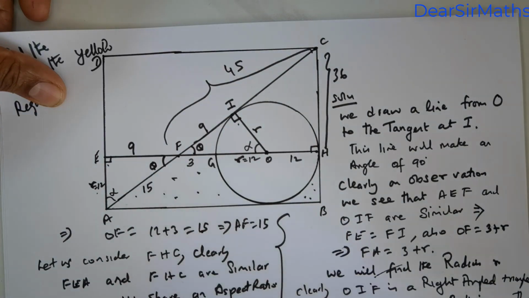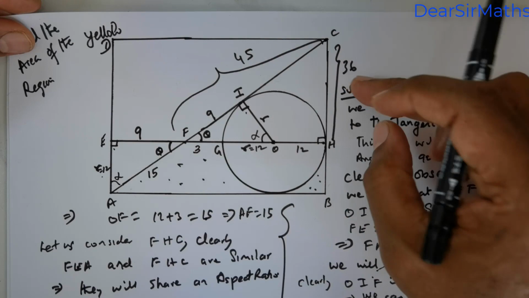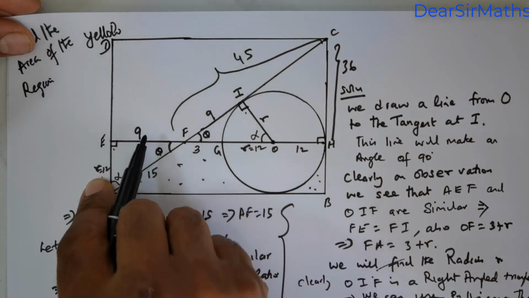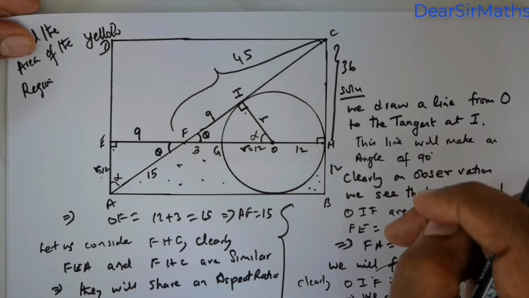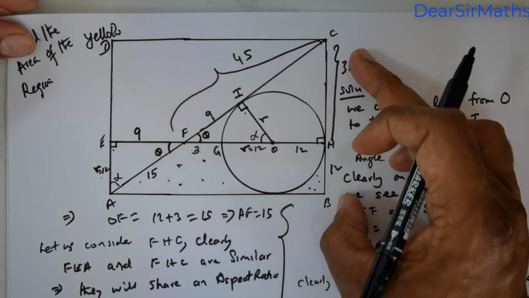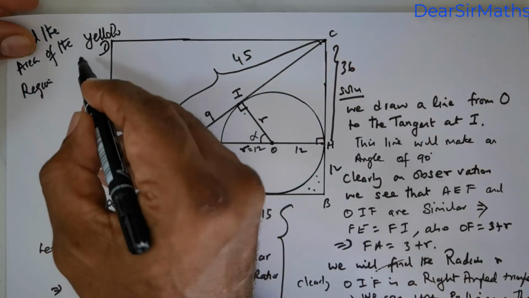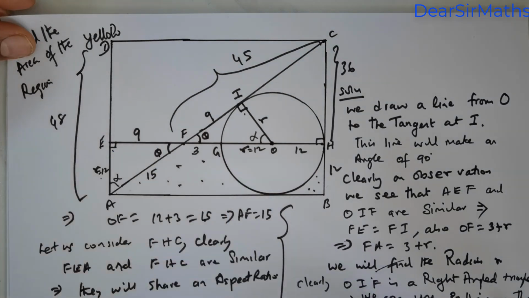So how are we going to get the base of the rectangle? Now clearly you can see that this length is 36. I know this length is 12. So 36 plus 12, that becomes 48. So this entire side is going to be 48.